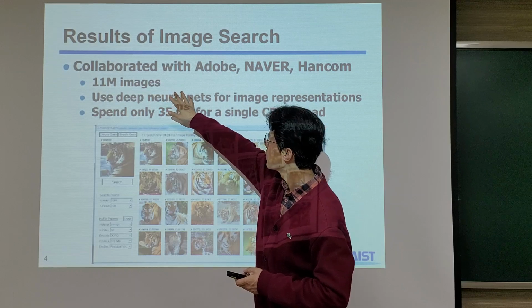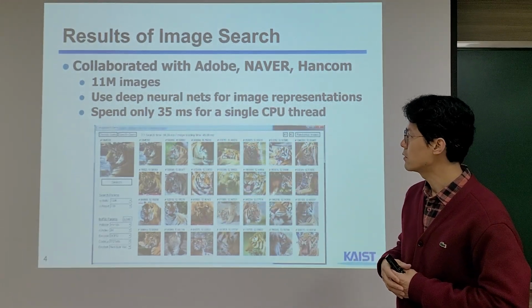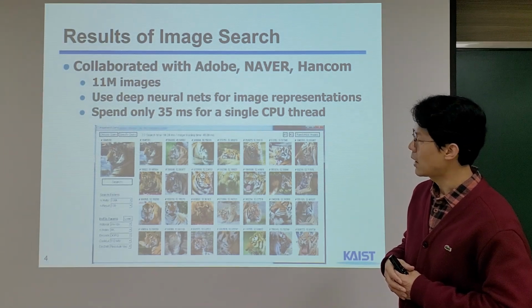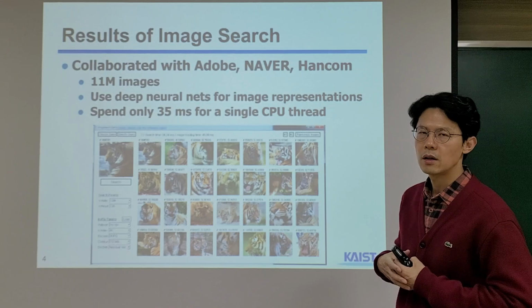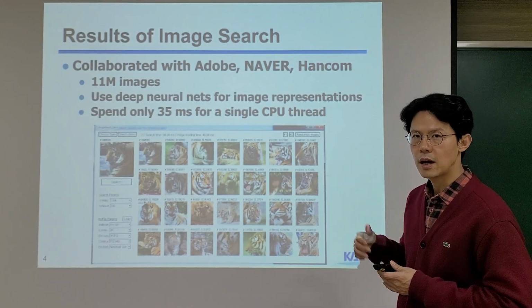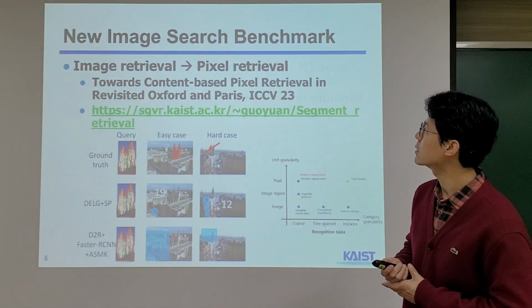Back then, we used a very basic image feature with the deep learning feature. Obviously, there have been a lot of advances in image search and many other techniques. I will talk about some of those recent techniques.